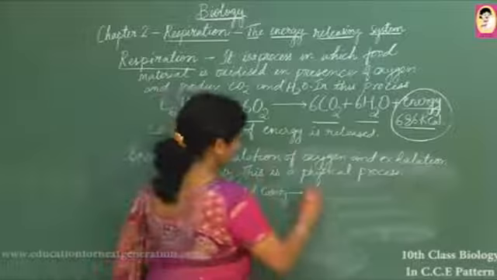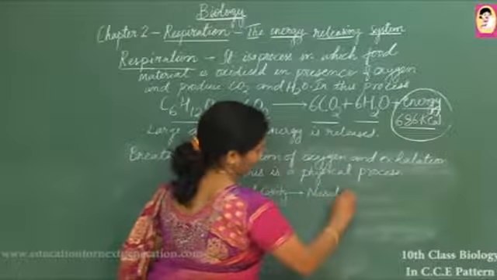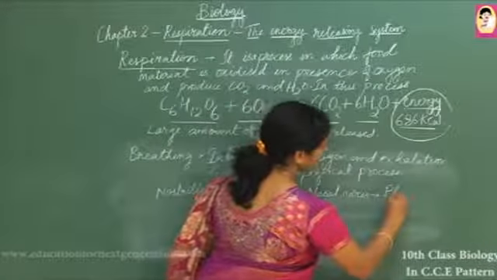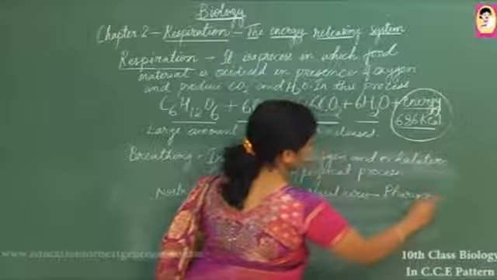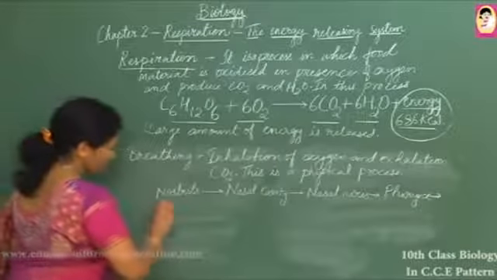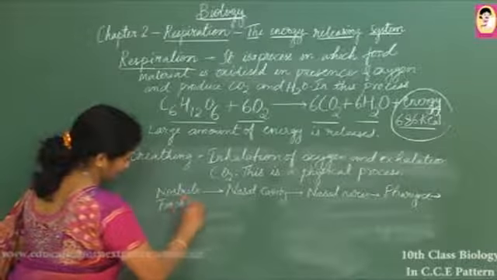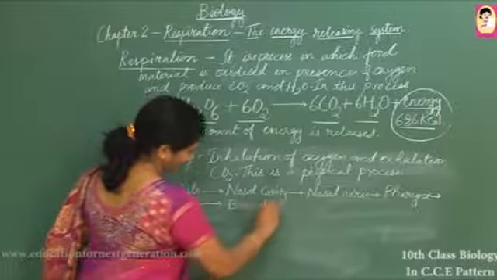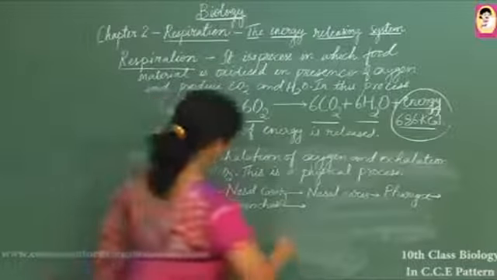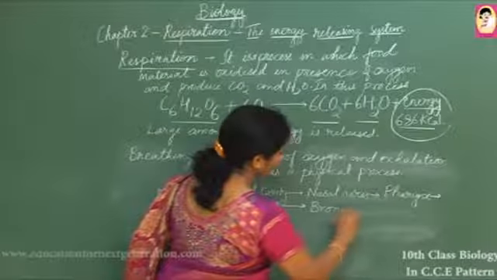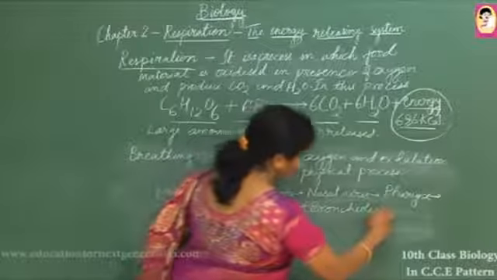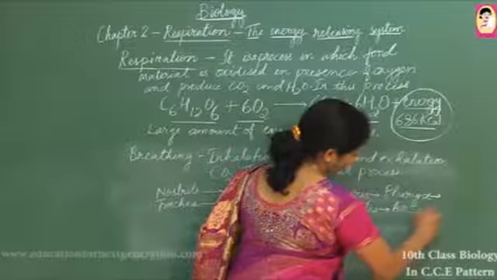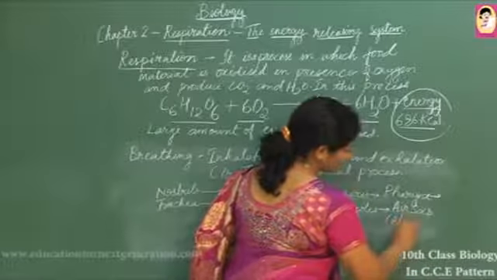The nasal cavity opens with nasal nares, nasal nares open into the pharynx, pharynx opens into the trachea, trachea opens into the bronchus, bronchus opens into bronchioles, and bronchioles at the end connect to air sacs, or we can call them alveoli.